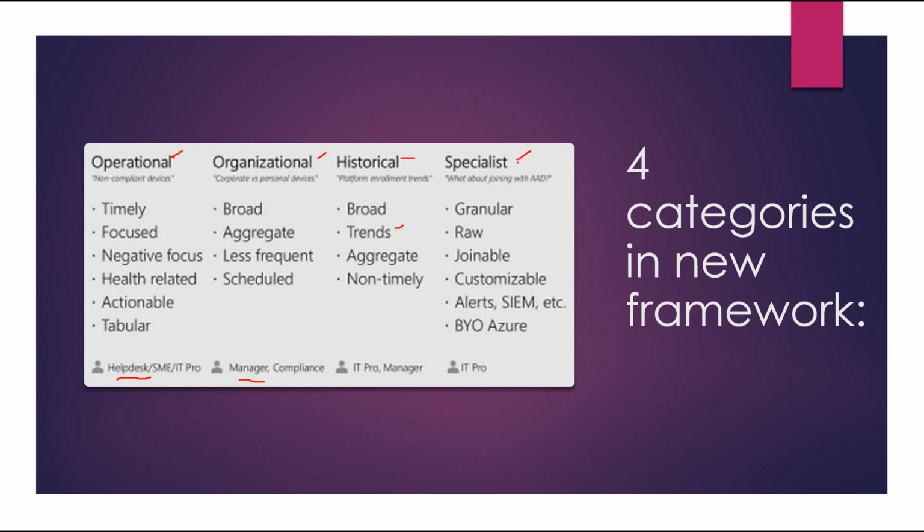And then finally we have something called specialist, wherein let's just say I'm a person doing some R&D in my tenant and I want a specific kind of information. The specialist option gives us the option of customizing a report, saying this is what I want, just like you would do in PowerShell, right?